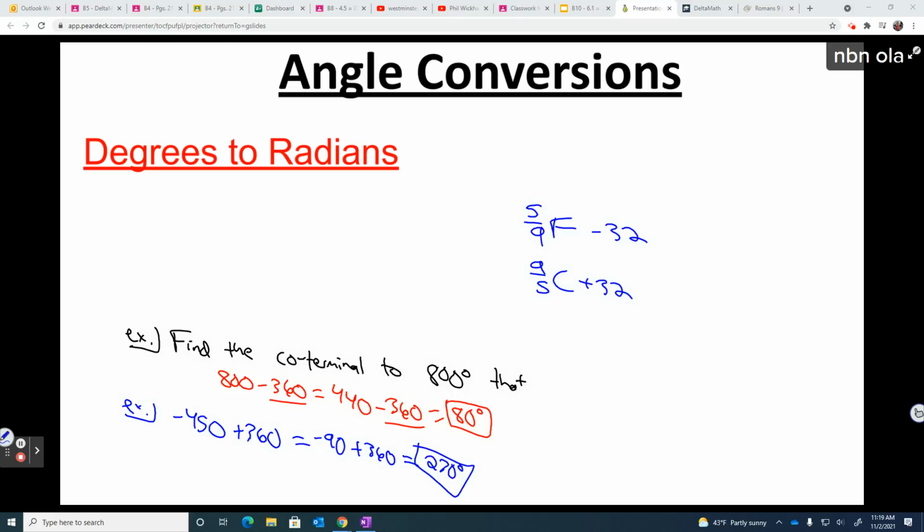So it's either 9/5 or 5/9 to go back and forth with 32. So we have a similar formula to go from degrees to radians and vice versa. There's also Kelvin as another way you measure temperature. So lots of different ways.